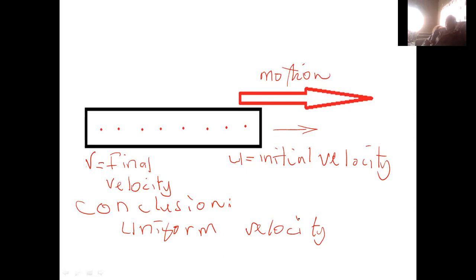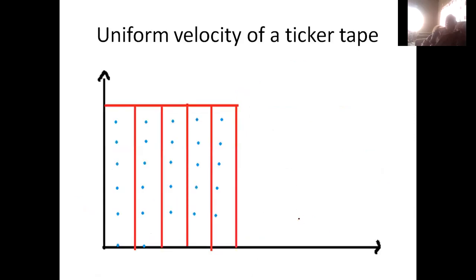So we have known how to determine an object's speed on a ticker tape by looking at the dots. If the dots are of the same distance between each other, it means that the object was moving with the constant velocity.